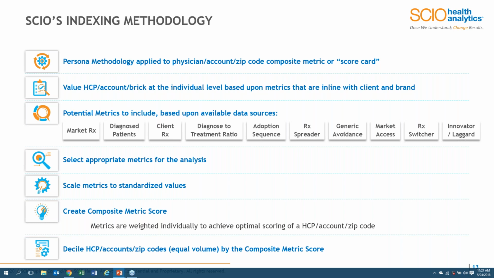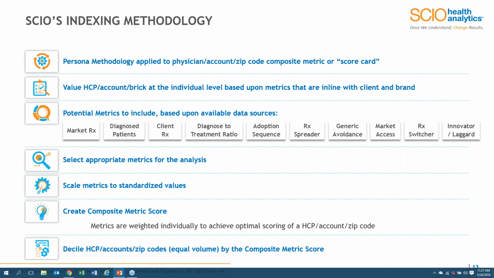And the key to that is to weight each metric individually. So, for example, we might choose to weight diagnosis to treatment ratio as a third of the overall score, which would have a higher weight or volume to the overall composite metric. And then finally, we typically would decile the score, and that's just an easy to read and understand value 1 through 10 for each HCP or facility.